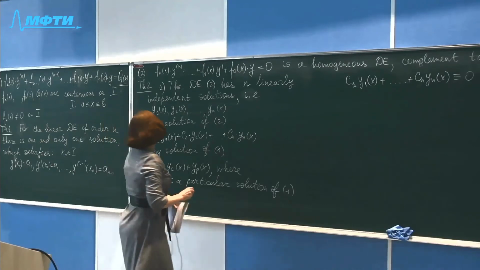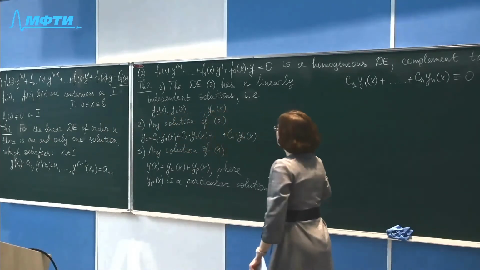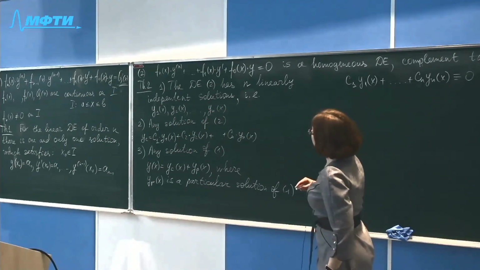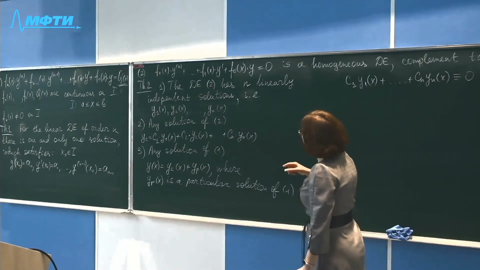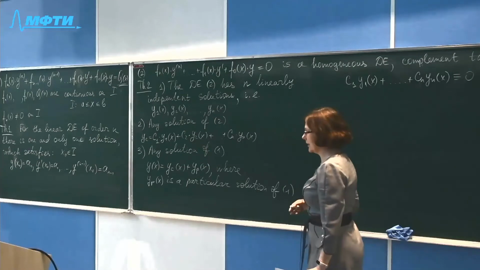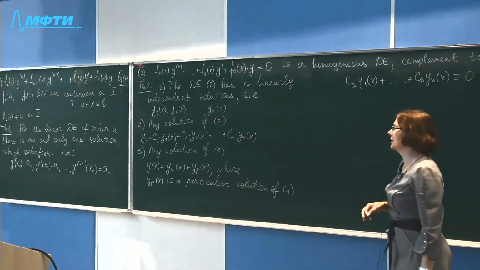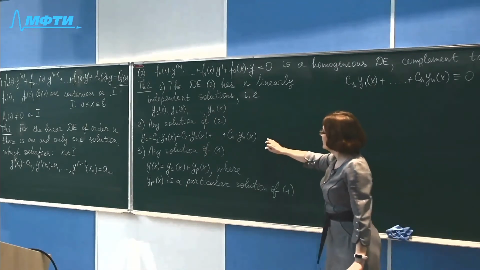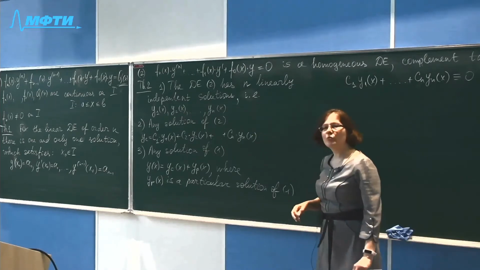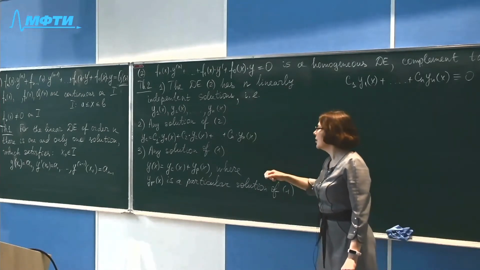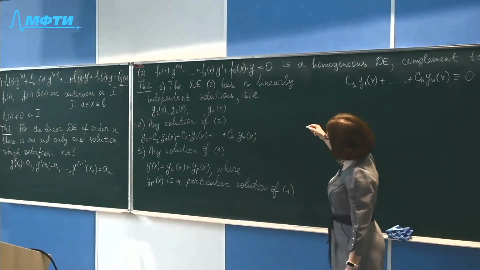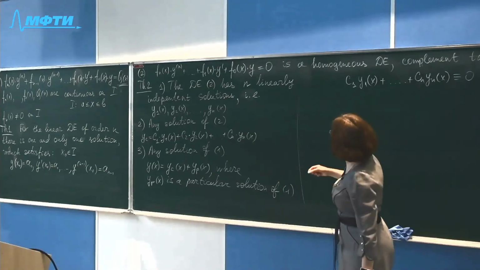Okay, so part 1, we will omit the proof of part 1. It is, I think, a little bit complicated. Next, part 2 was proved during the preceding lecture, and now we will move on to prove part number 3.